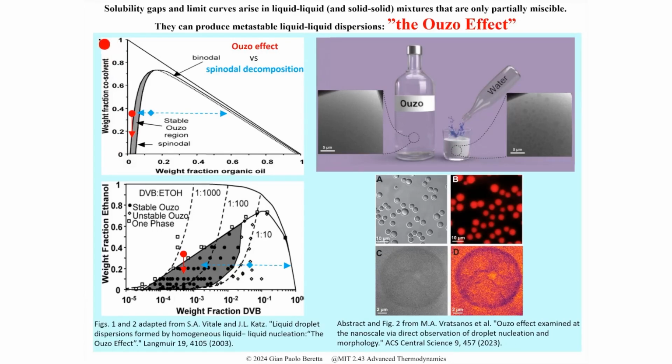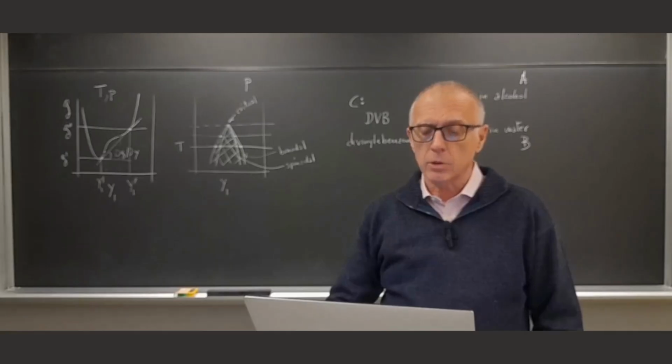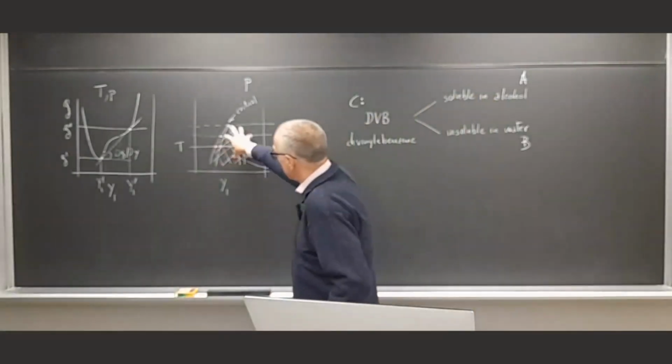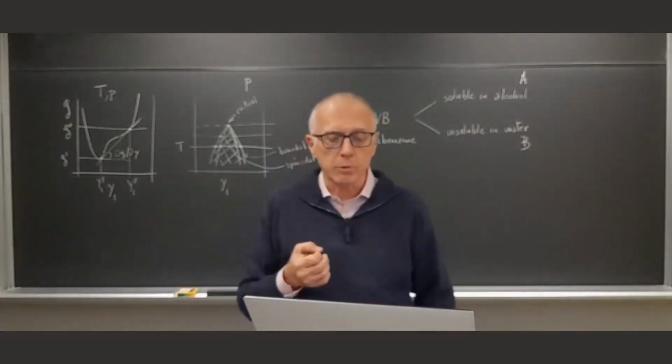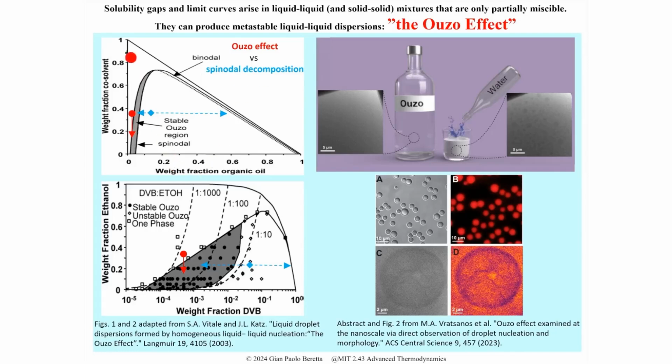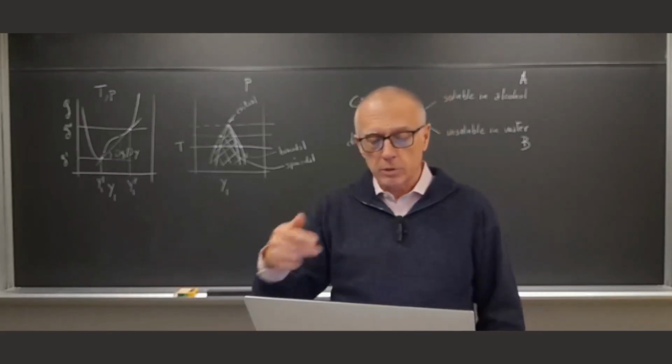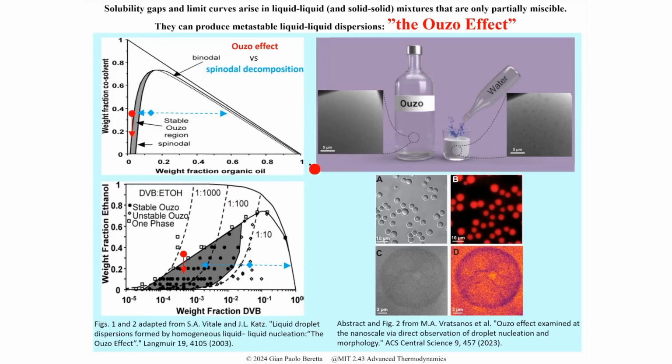Okay. This is how the equivalent of this diagram looks at a fixed temperature as a function of these compositions. Of course, the mole fraction of water is 1 minus the sum of these two, hence the triangular line here.